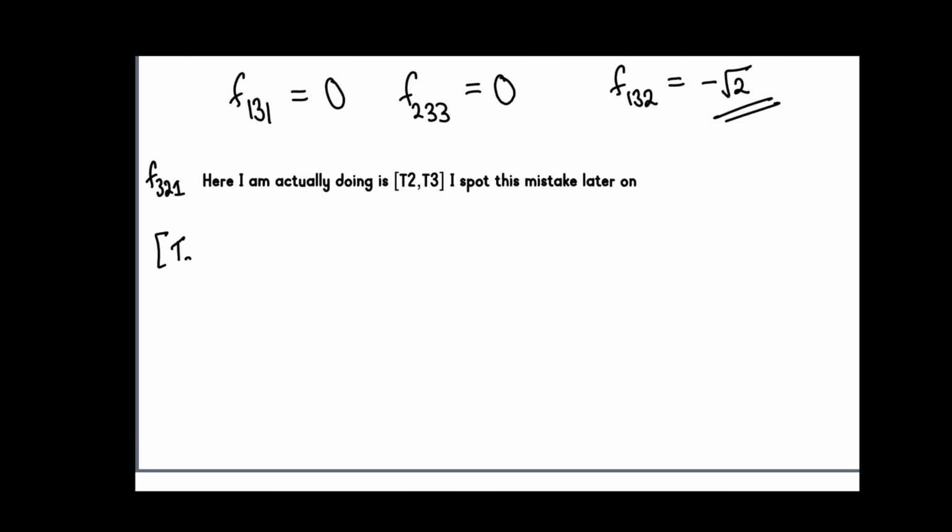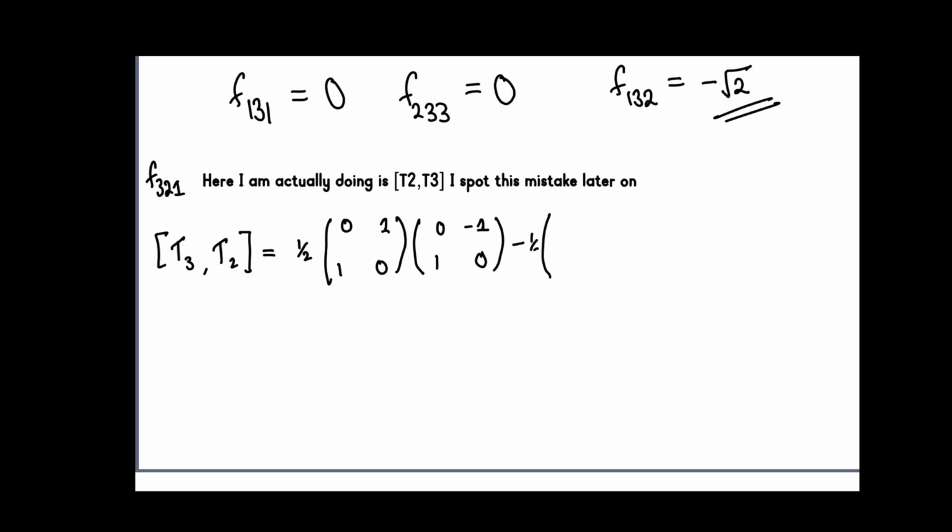To work out F321, we need to do the same thing. So the commutator of T3, T2 this time, which will be a half, (0, 1, 1, 0)(0, minus 1, 1, 0), minus a half, (0, minus 1, 1, 0)(0, 1, 1, 0). The halves is just coming from me doing 1 over root 2 times 1 over root 2.